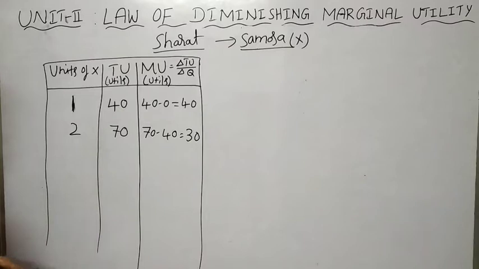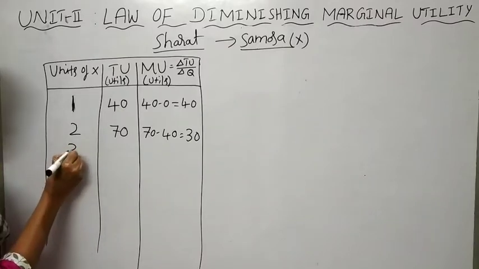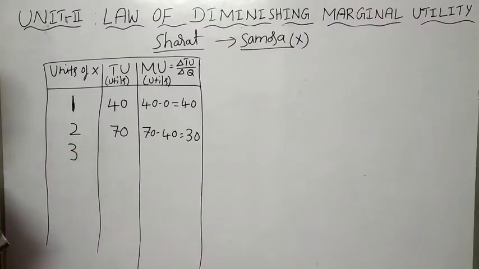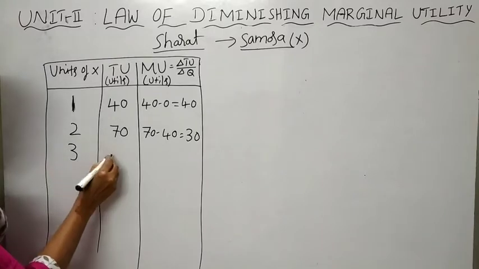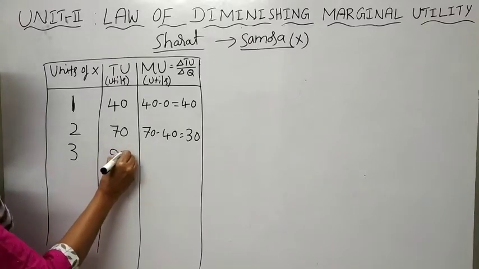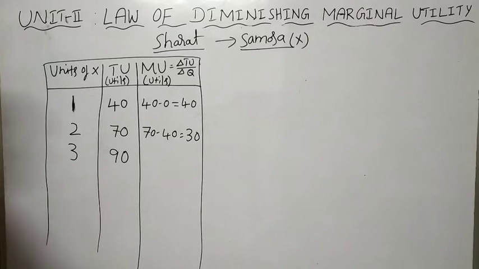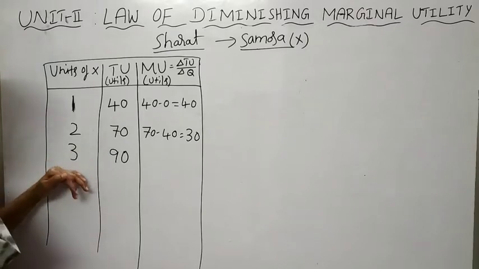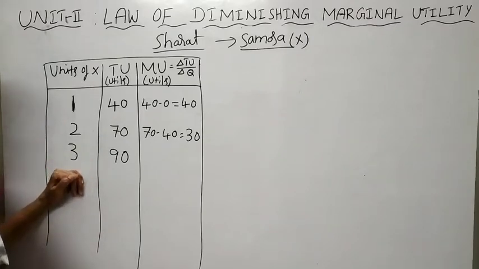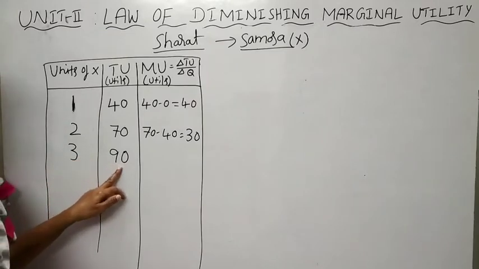Okay children, like that. And next one, Sharath consumed another samosa, the third one also. So by consuming 3 samosas, his total utility is 90 utils. If he is consuming additional units of samosa, total utility is increasing, but in a diminishing way.